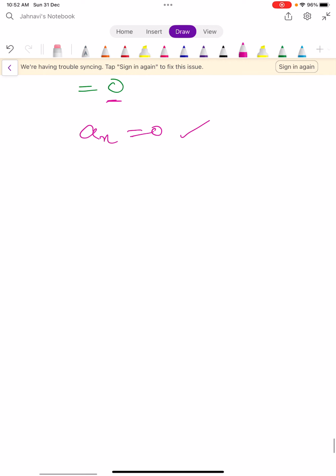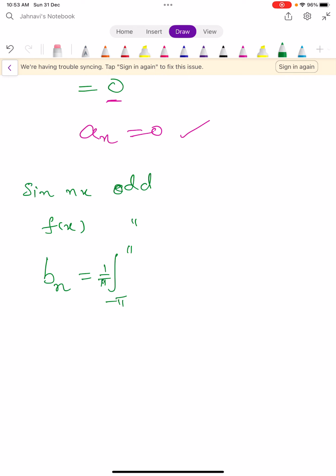Now what happens with bn? sin nx is an odd function, and f of x is also an odd function. So this term bn is well defined. This bn is equal to 1 by pi integral minus pi to pi f of x sin nx dx.